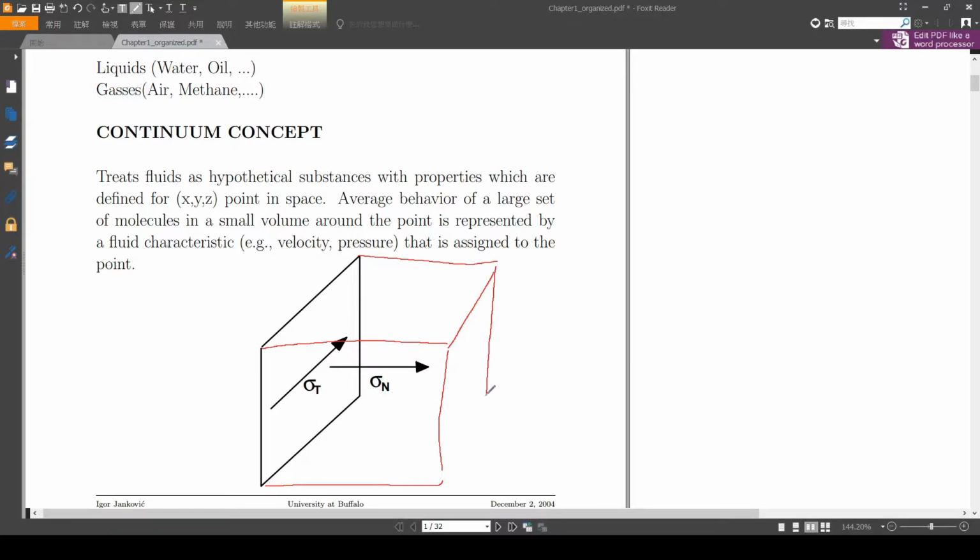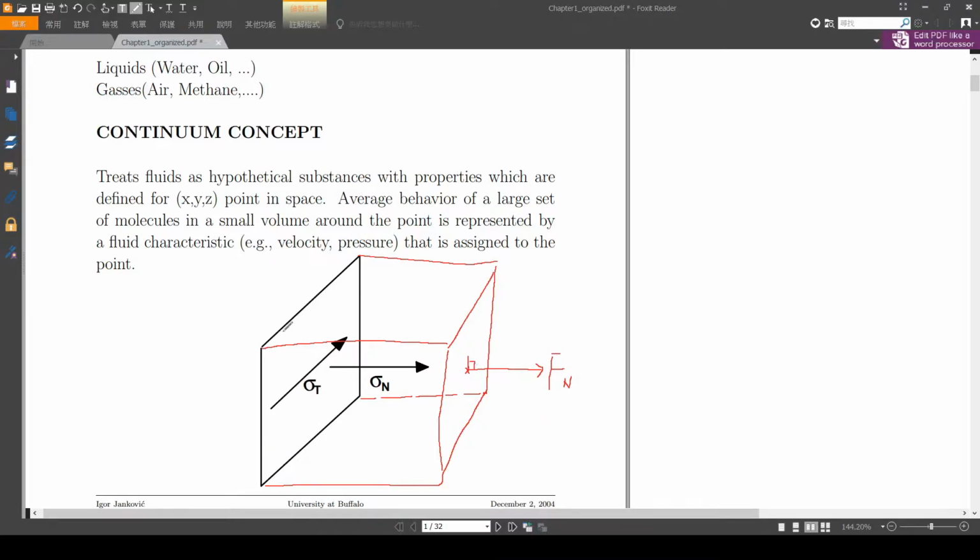And I think for most of you, you have learned in high school that if we apply the force here, we will call it the normal force. This is the normal force because the direction of this force is orthogonal to the surface.